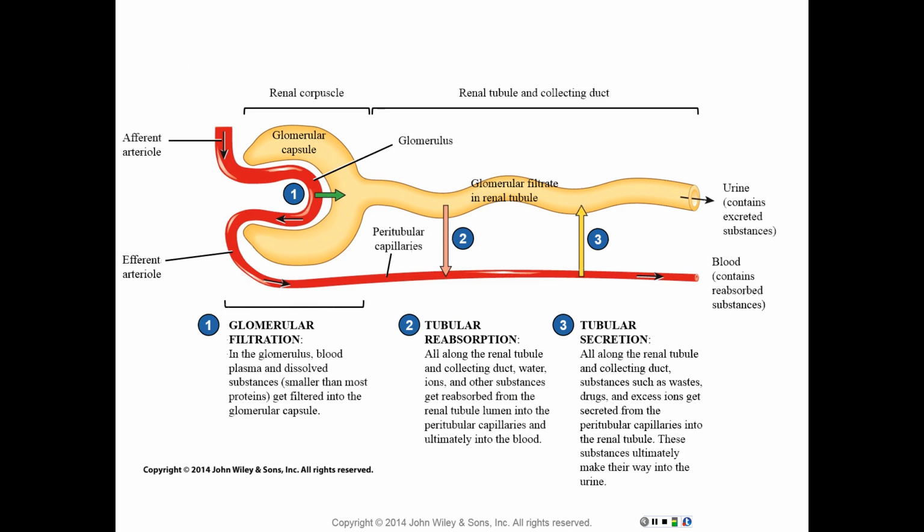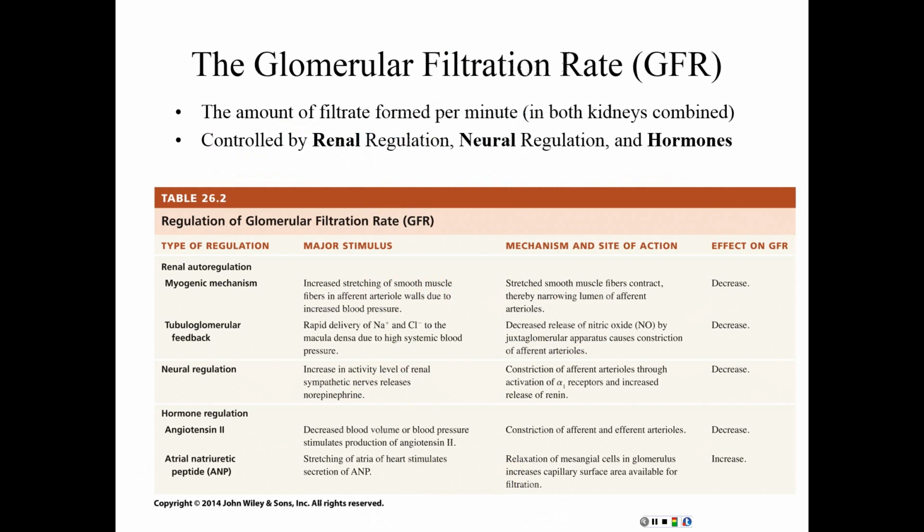Looking at our table, that's the first two items on the table: myogenic mechanism and tubuloglomerular feedback. They both decrease glomerular filtration rate. You also have neural regulation, which refers to the function of the sympathetic nervous system. Remember, most blood vessels in the body are innervated only by sympathetic fibers, releasing primarily norepinephrine.